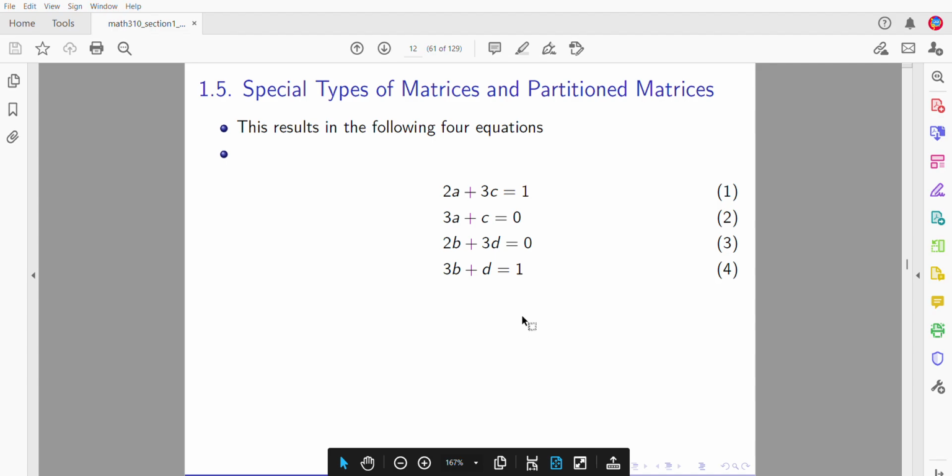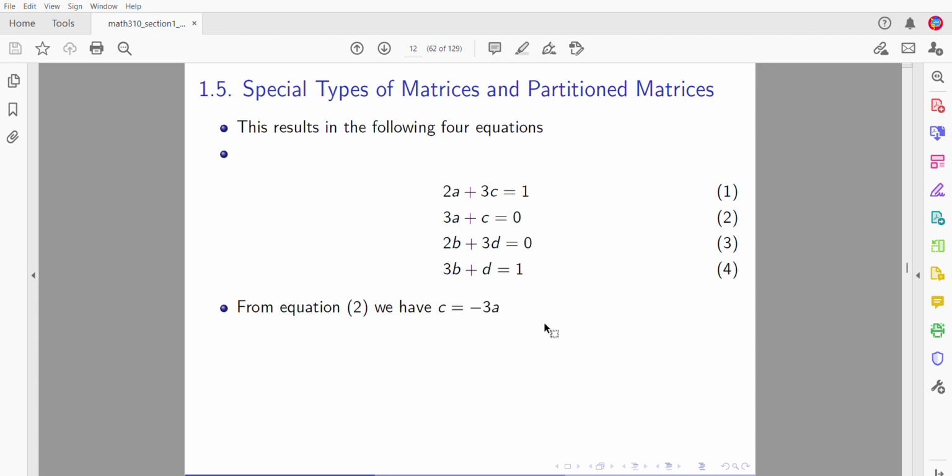So notice, a and c, and b and d, separate out as two different batches of equations. From equation 3, I obtain c is negative 3a. I plug that c into equation 1: 2a plus 3 times negative 3a is 1.